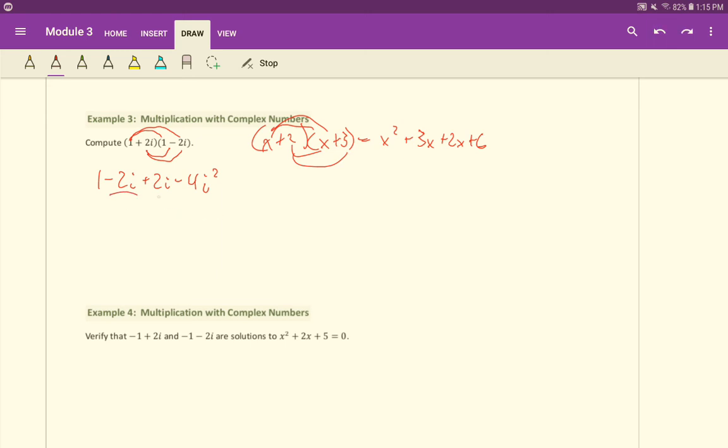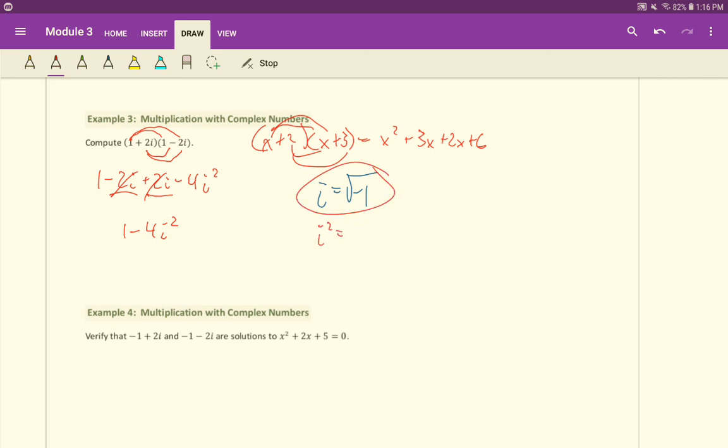All right, now let's combine like terms here. So -2i plus 2i, those are going to cancel. They give you 0. And we'll be left with 1 minus 4i squared. And you might think that we could stop here and say, okay, that's a good enough answer. But we can actually do a little bit better because we can simplify i squared more. Remember, what does i equal? i equals the square root of -1. So if that's the case, what would i squared equal?